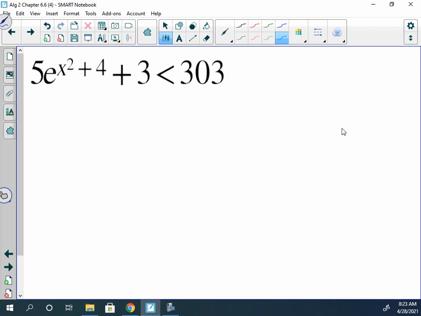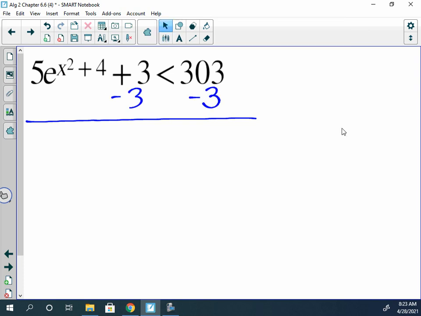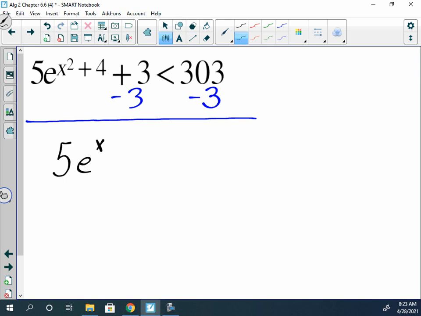Now, when we look at this here, e to the x squared plus 4 is what we want to get by itself. Well, the first thing we can do to get it by itself is to subtract the 3 from both sides, which would leave us 5e to the x squared plus 4 is less than 300.